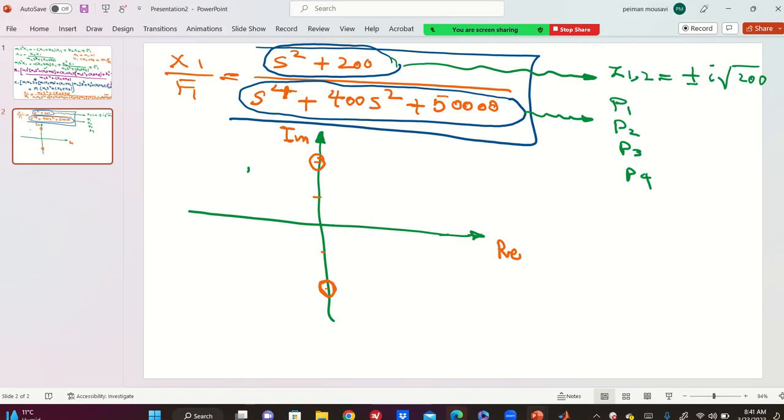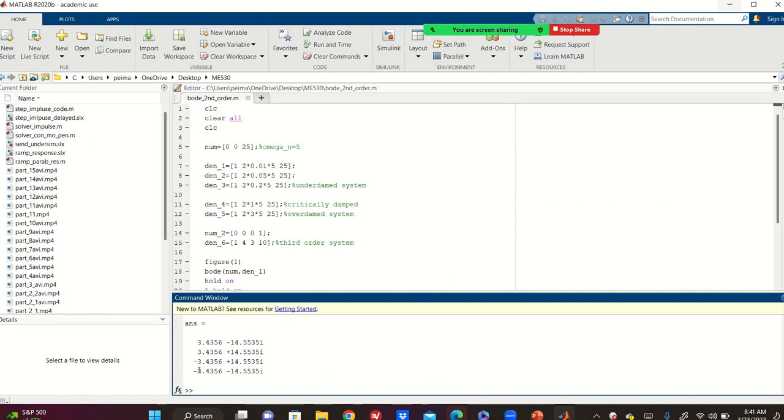So say here is plus 3, 4, and a pair of complex conjugate poles here on the right hand side, and exactly the same on the left hand side. See? Minus 3 plus 3. Minus 14 plus 14.